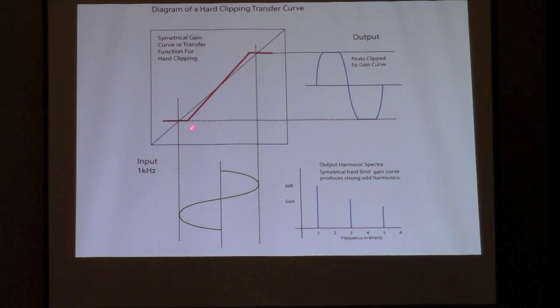So it's all linear until it hits the power supply rails at the plus and minus side. And then if you put a signal in that's bigger than the linear part of this curve, you'll end up clipping the top and bottom of the curve as it hits that limit, and that's going to produce odd harmonics. So you'll see the odd harmonics pop up here. So the transfer function's linear, except it only goes so far and it'll start to clip.